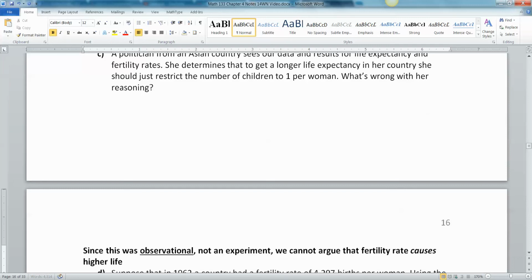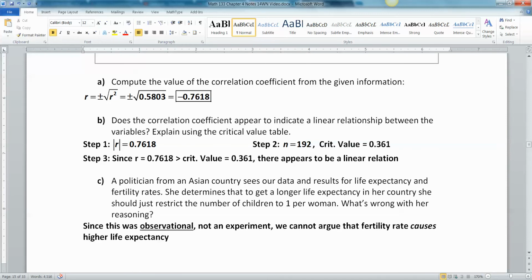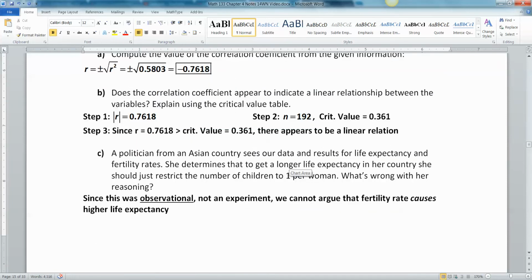And that's what you're doing when you make some kind of rule that says, okay, that's it, only 1 child per woman. What you're doing is making an argument that the higher fertility rate causes lower life expectancy, or lower fertility rate will cause higher life expectancy. But that's not true. You're just observing what actually happened amongst these countries. That's not an experiment. So you can't make a cause-effect claim, right?